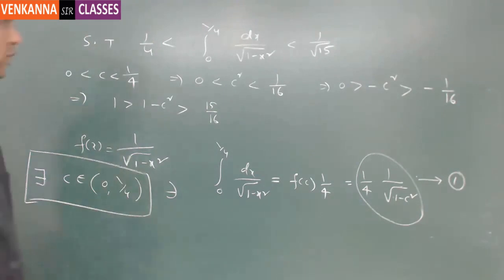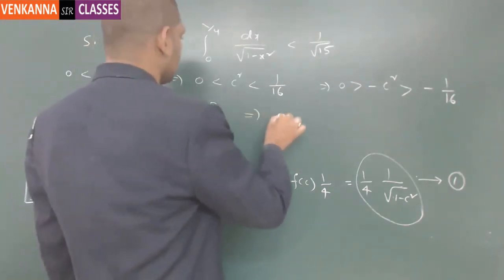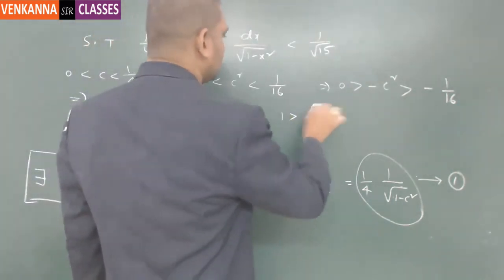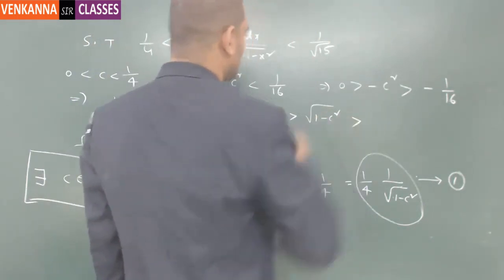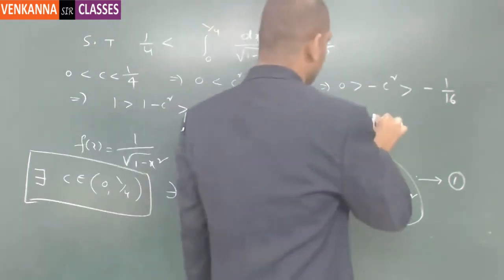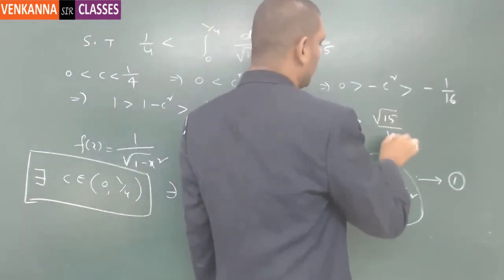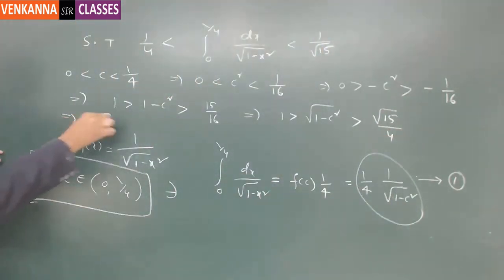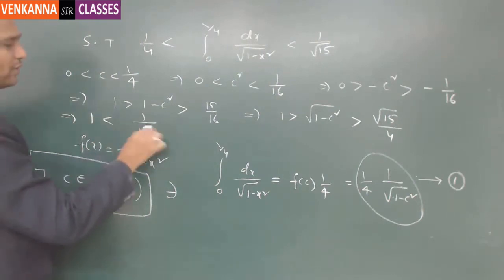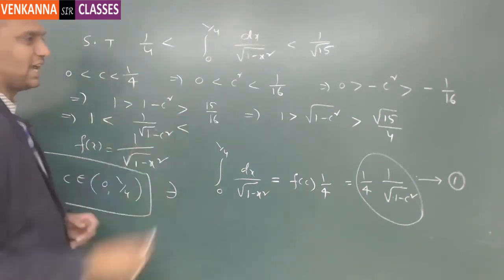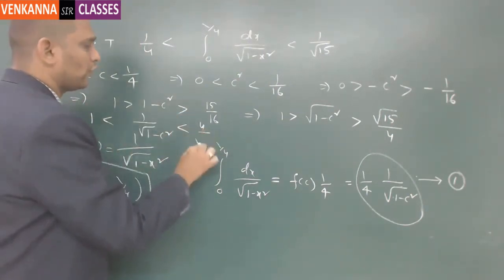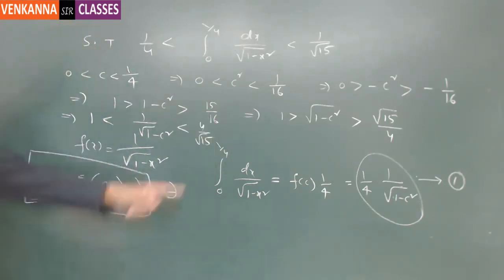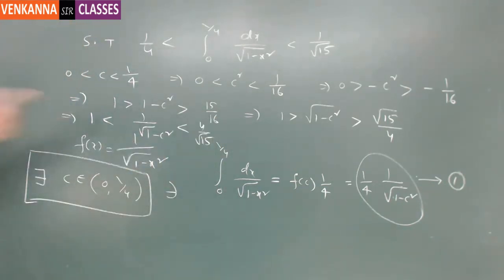You have a square root, take the square root. So 1 is greater than root of 1 minus c square is greater than root 15 by 4. You have a reciprocal, take the reciprocal. So 1 is less than 1 by root of 1 minus c square is less than 4 by root 15. Since 1 by 4 is there, multiply with 1 by 4.